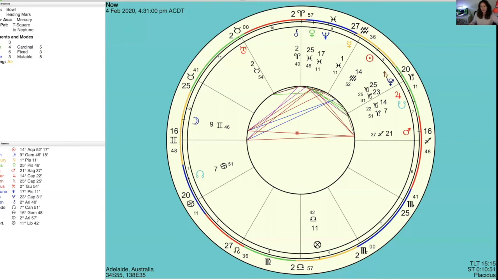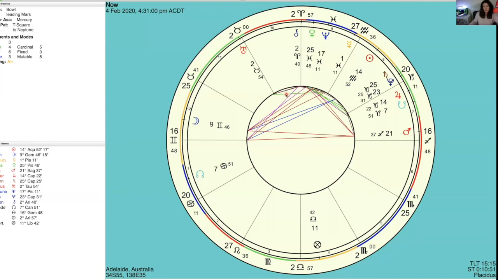So this is really only just in orb, this opposition. And it tends to mean that it has less of an effect than something that is more exact, an angle that is more exact. The blue line denotes a 120-degree angle or a trine.